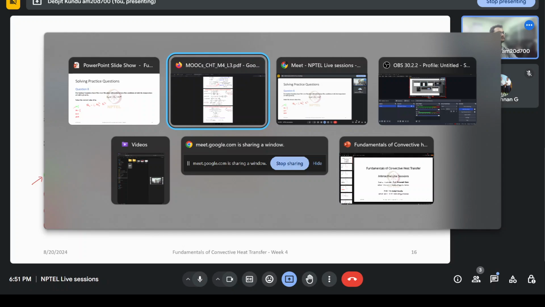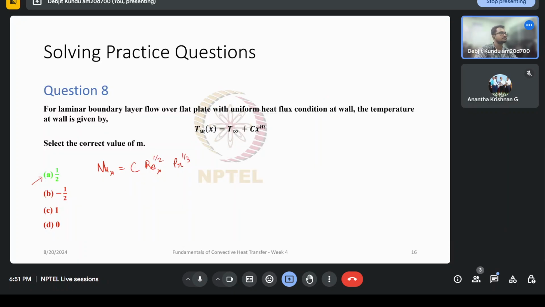Correct. And Nusselt number is basically hx over k. So using this, I can find out that h is equal to some other constant.